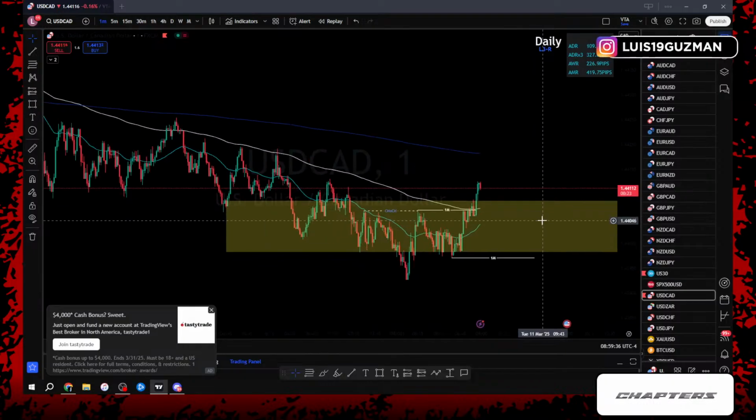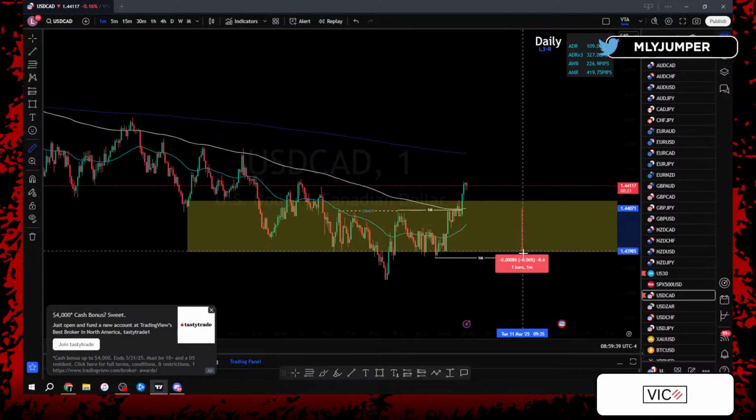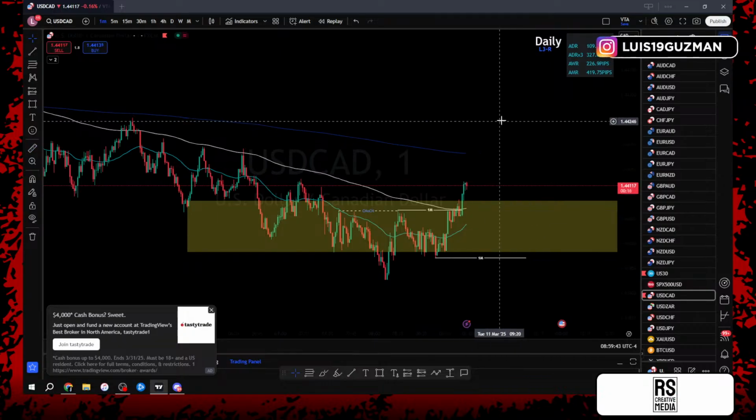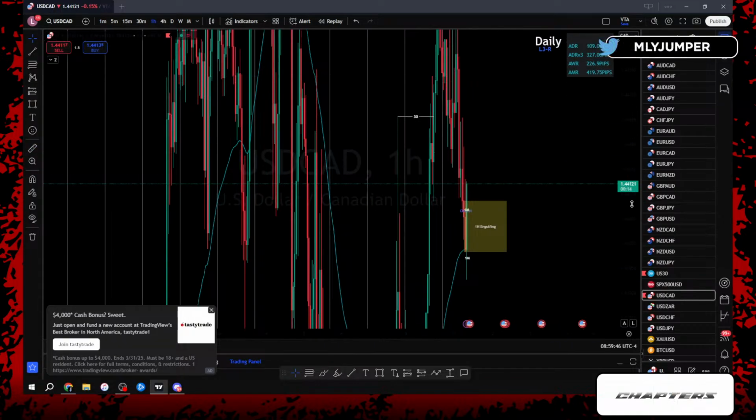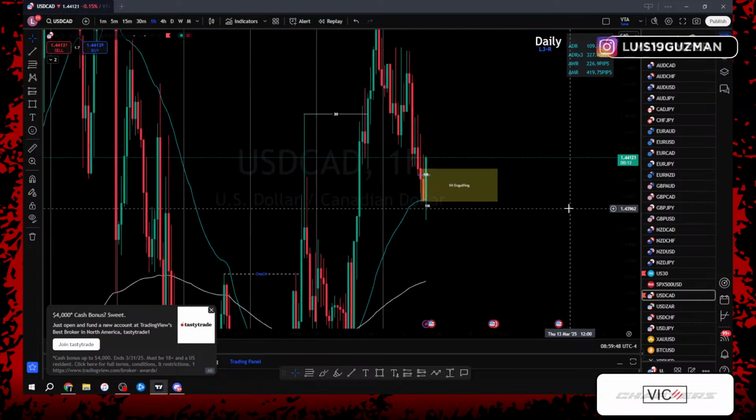And that's okay because the stop loss on the 1 minute will be the same anyway. It'll still be 10 pips. Yeah, it's based on the structure.